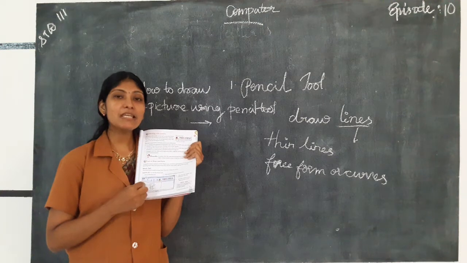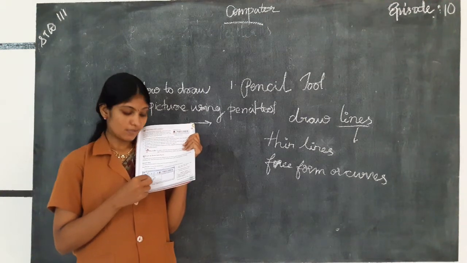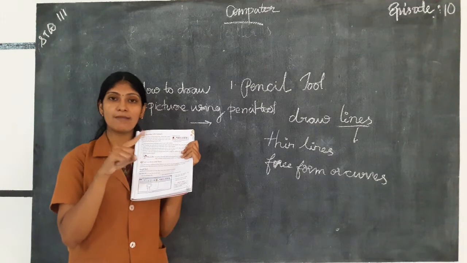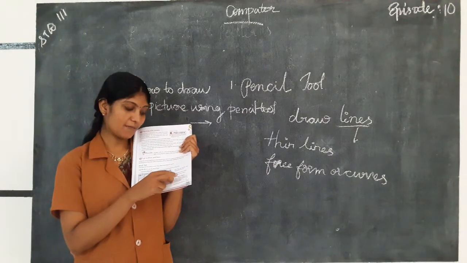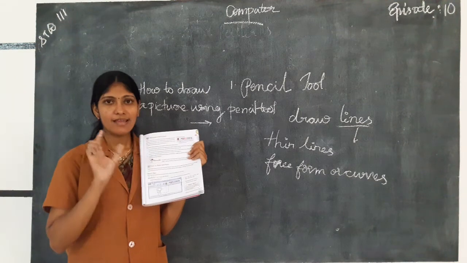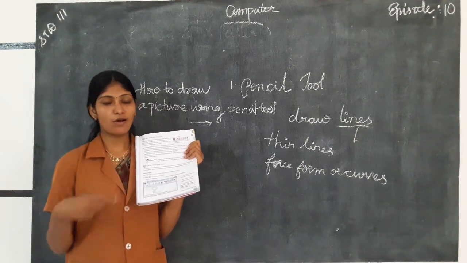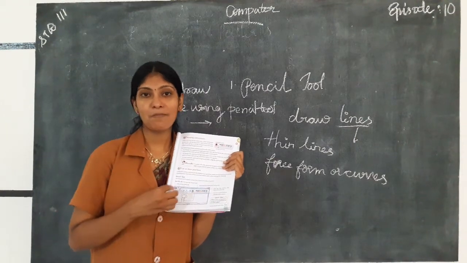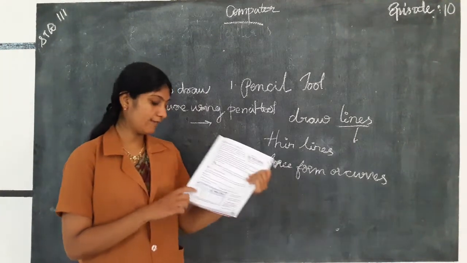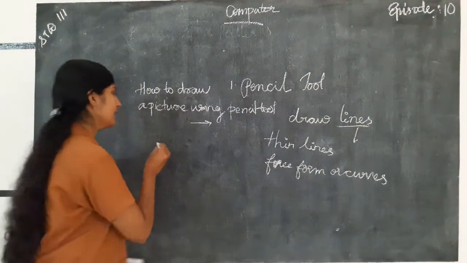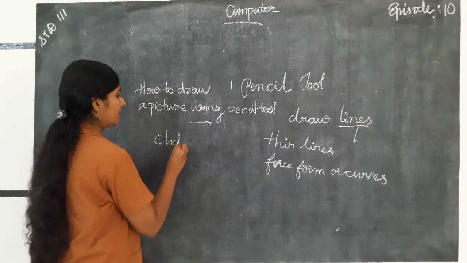Then bring your mouse and drag it in the shape of a tree. Drag the mouse pointer to draw. Finally, a line, or your picture, the tree, will be drawn on the Paint screen. So once again, first click on the Home tab.